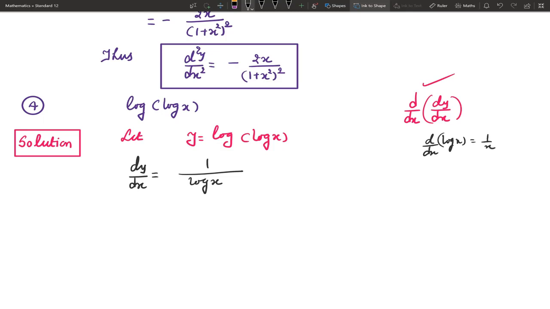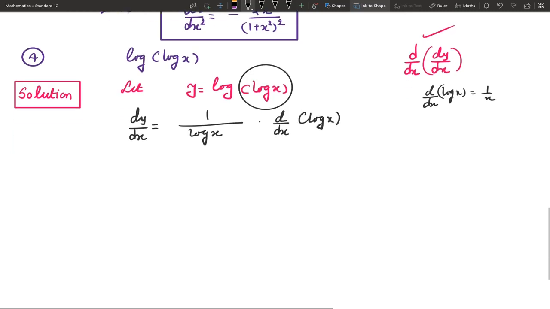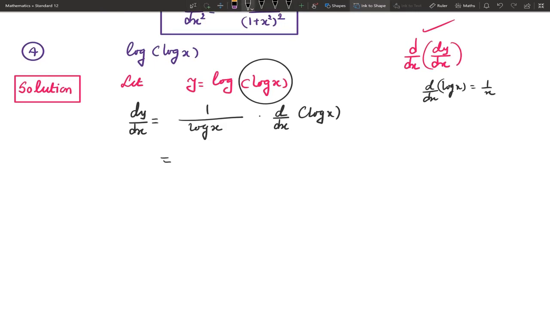So d by dx of log of log x is 1 upon log x, into, by chain rule, d by dx of log x. So this is 1 upon x log x. This is the first order derivative.